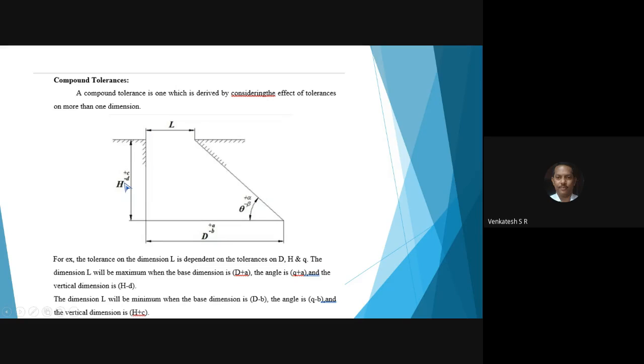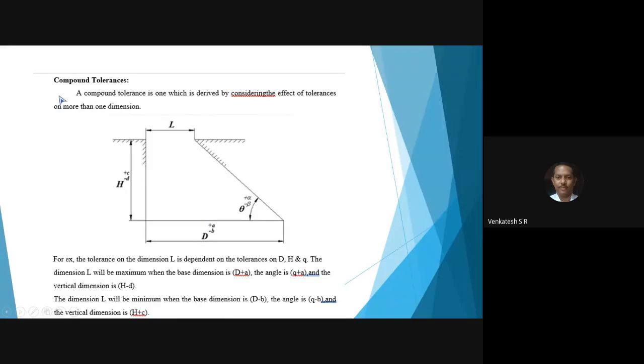If you machine h with the upper limit plus c, minus d, and the dimension d with upper limit plus a, lower limit minus b, and the angle with upper limit plus alpha, lower limit minus beta, if you consider all three dimensions along with the upper limit and lower limit, automatically you will get length L. No need to specify the limits for the dimension letter L. This is known as compound tolerance.